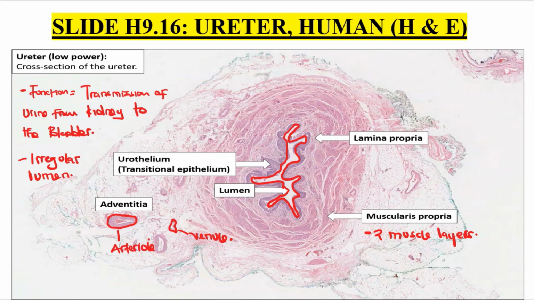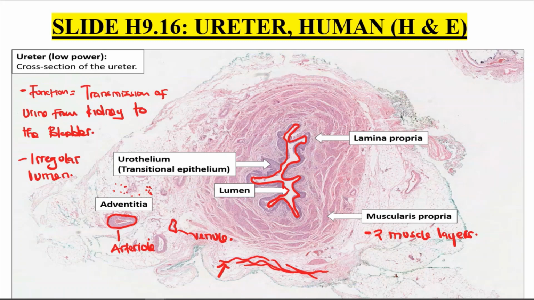The adventitia is also made up of adipose connective tissue, made up of a lot of fats, and irregular connective tissue. This one here is irregular connective tissue. You can see the way it's running. It's collagen fibers that are irregularly arranged. It's also made up of nerve endings.